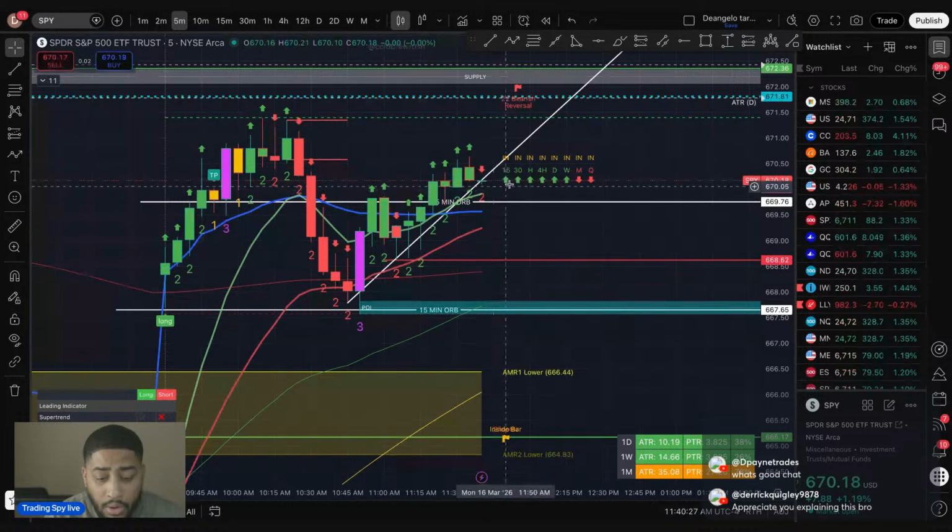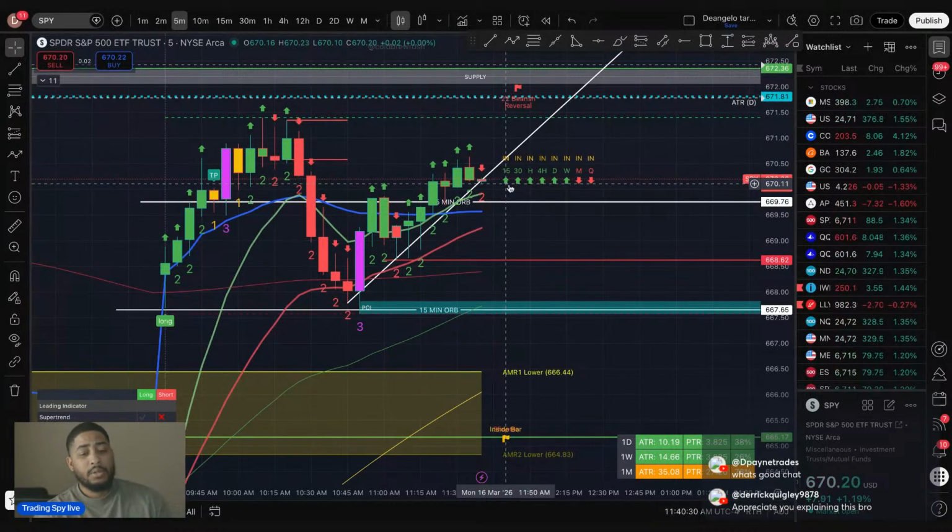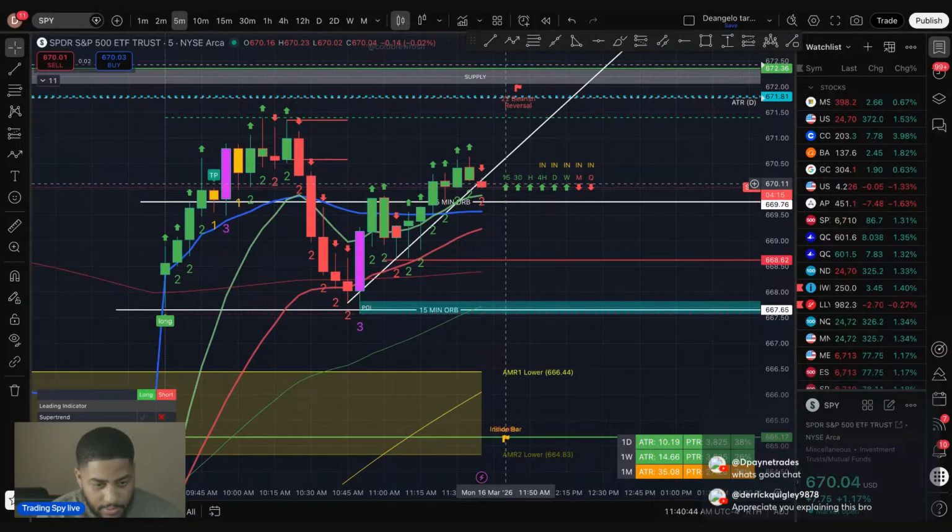But overall, like I said, we're bullish technically. Technically, we're bullish. So I'm trying to believe in the structure. But I'm telling you now, if we come back inside this RB, that means we're probably going to chop for the most part. And I don't want no parts of it because I'm already ready to be done trading. I already went past the time I want to be in this market.